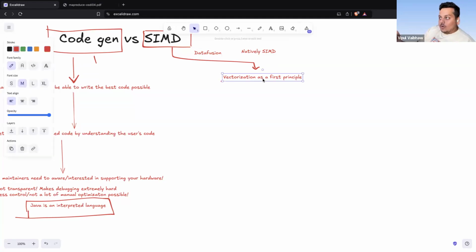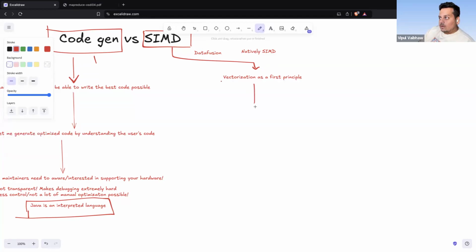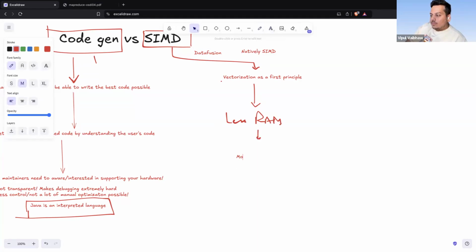So one of the benefits of this is less RAM usage, more control on execution. Mostly what you write is what gets executed. Why I'm saying mostly because Rust changes a few things as a language, but as a framework, Data Fusion executes exactly what you have written.